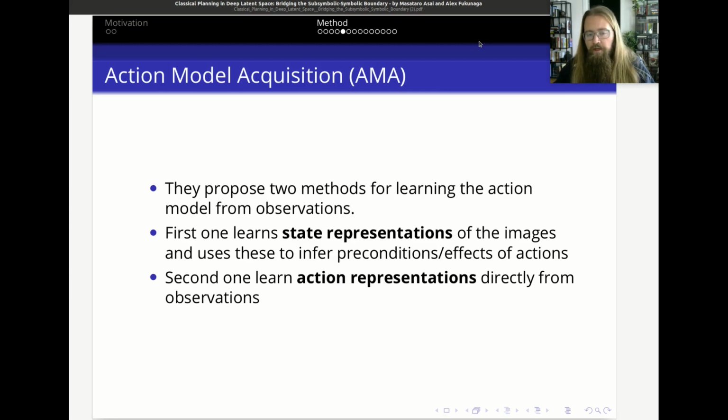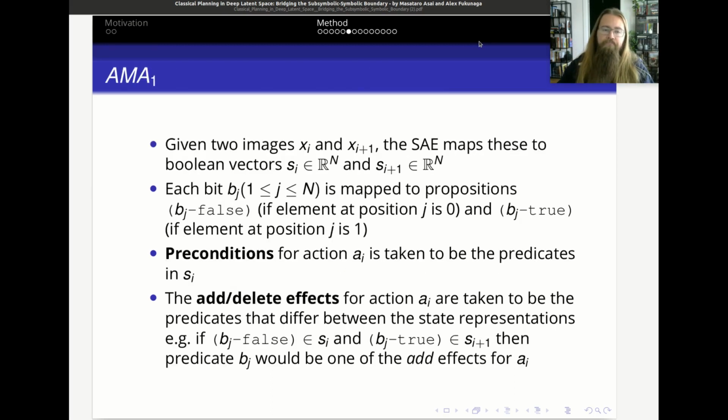First they learn state representations and then use these representations to infer what kind of actions there are and how they change the states. And the second one learns the actual representations directly from observations.